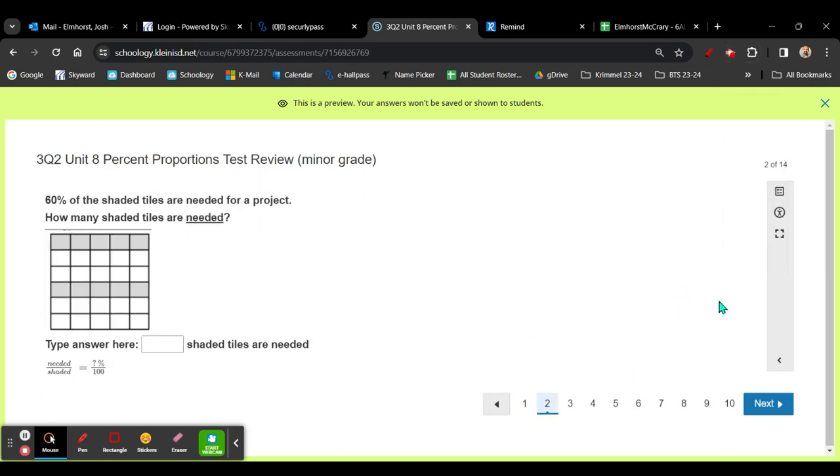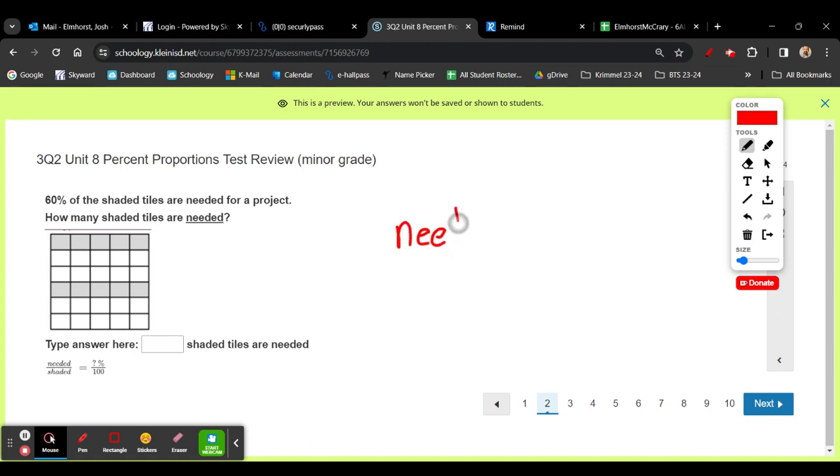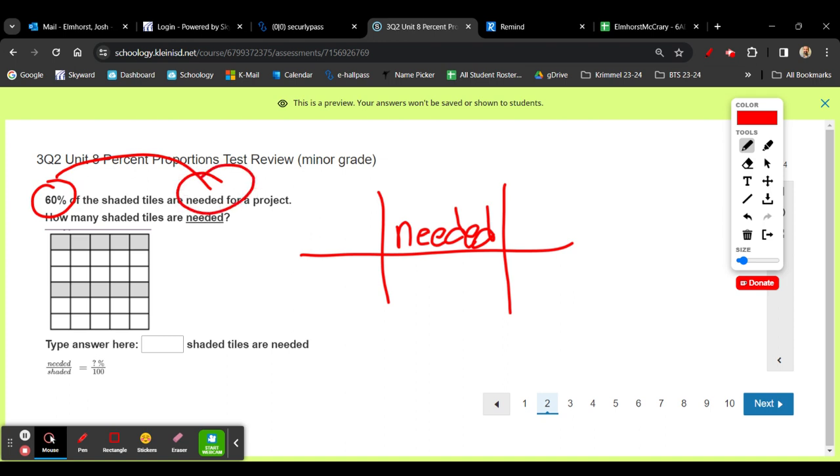All right, continuing on to number 2, how many shaded tiles are needed? So it's talking about shaded, but then it's also what is needed. So let's build our proportion out of that. 60% of the shaded tiles are needed. So that is our given percent, 60.